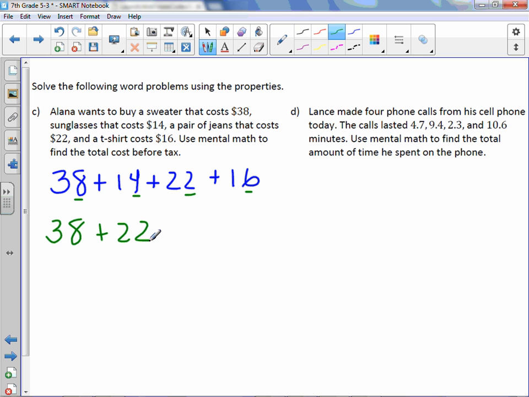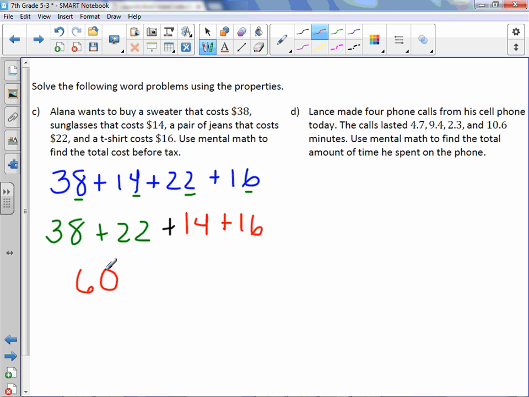I'll group those two together. And if you take a look at 14 and 16, the last two digits, 4 and 6, also add to be 10. So using mental math, I can say 38 plus the 2 gives me 40, plus the 20 gives me 60.